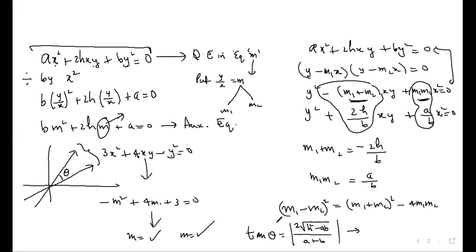Now, from this formula, there are many conditions for 2 marks questions. Tan theta is this; you remember only this to write all the conditions, nothing else. The denominator is a plus b. Tell me when the lines will be perpendicular.